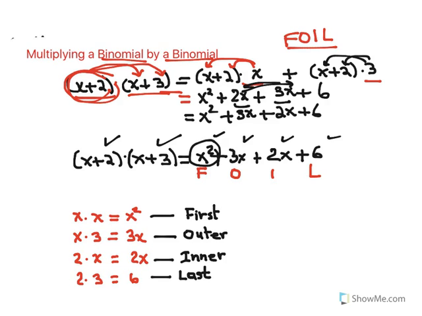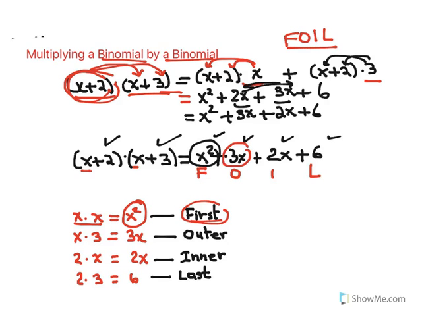So where do we get x squared? x squared is obtained by multiplying x times x, and that basically stands for first. So first means multiplying the two first terms together. Let me look at the 3x.